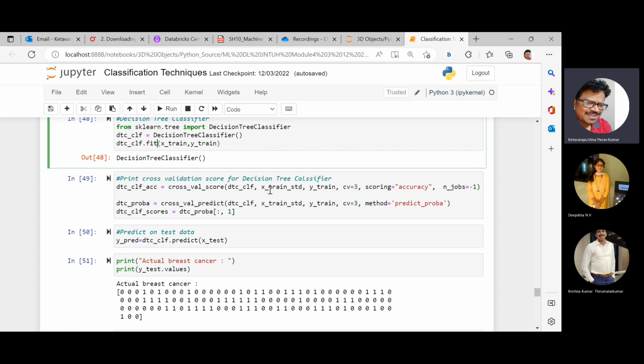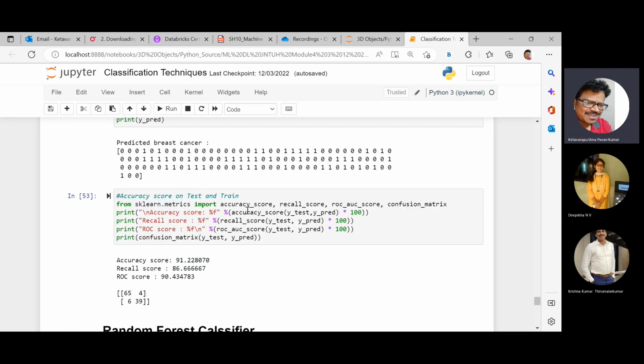Now you see X train and Y train with cross validation. I am using the accuracy score and a predict-probability based method. Methods can be varied, so you can change that methodology. I felt this recorded the best prediction, so I kept it.